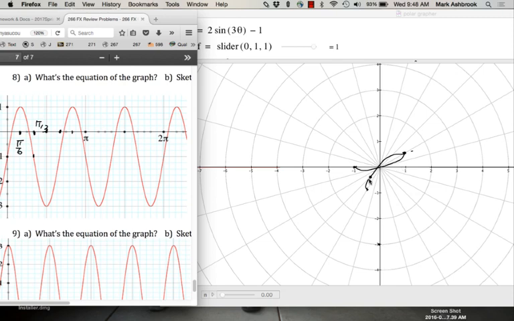So it's going to do that. All right, now we're at pi over 2. From pi over 2 to 2 pi over 3, that's this one, it's going to go back to -1. So 2 pi over 3 is this angle right here. -1 is right there.